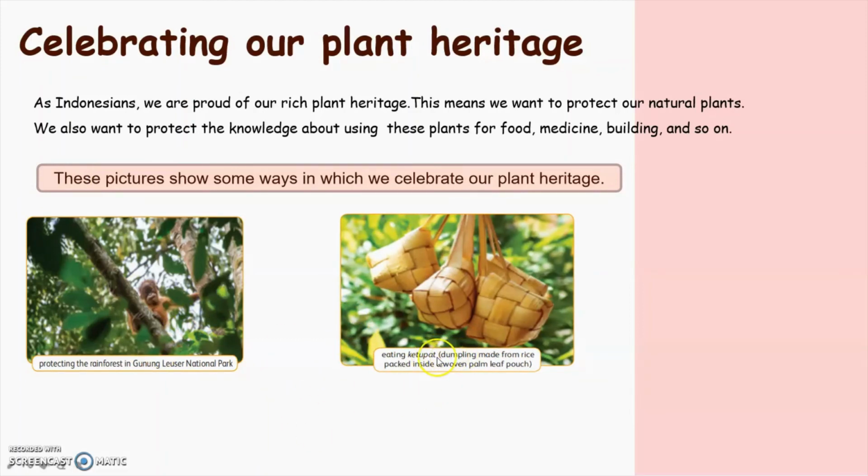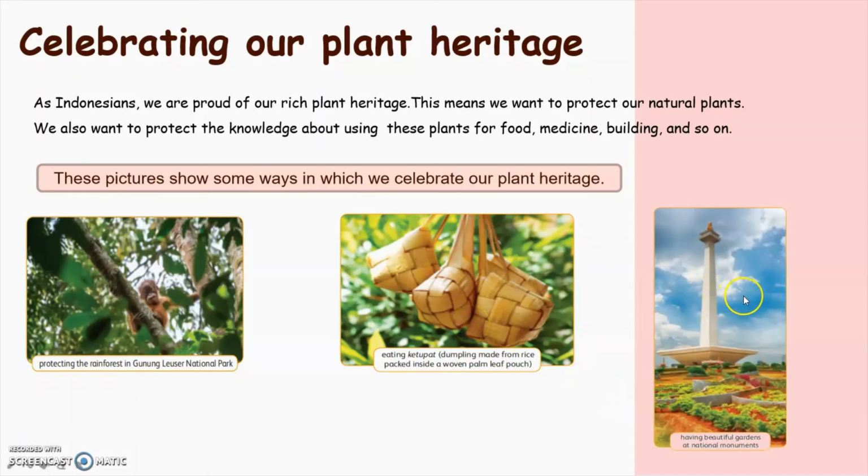Ketupat means dumpling made from rice baked inside a woven palm leaf pouch. Ketupat is a traditional Indonesian dish. And then the third picture is having beautiful gardens at national monuments. We call this monument Monas in Jakarta. Plants are important in celebration of our heritage.